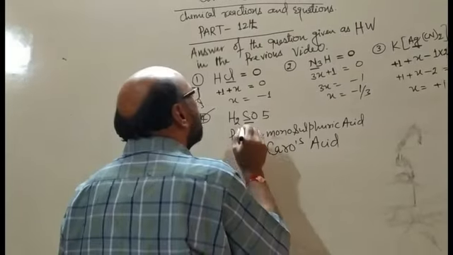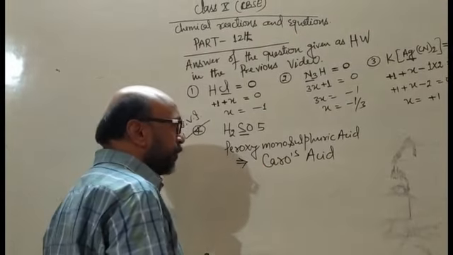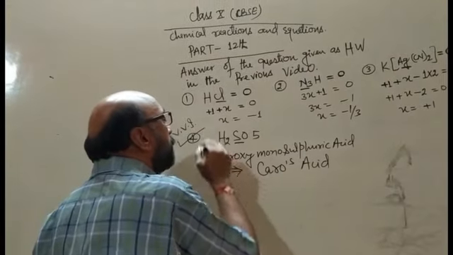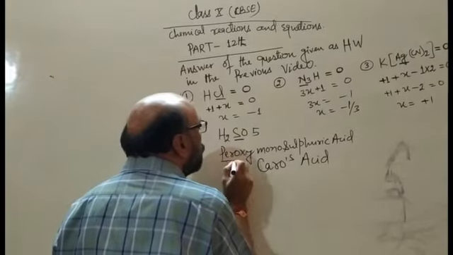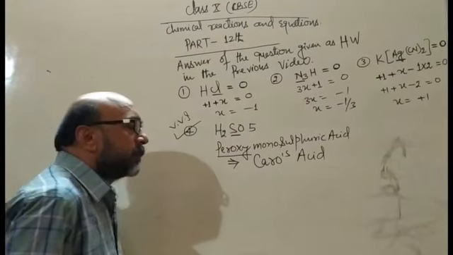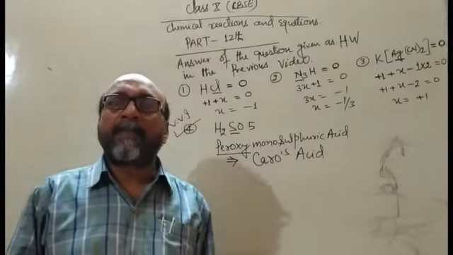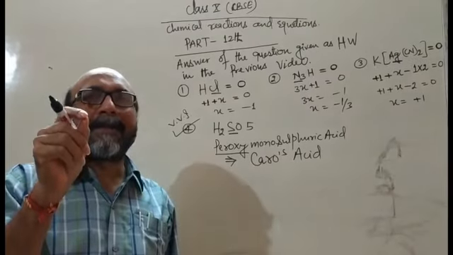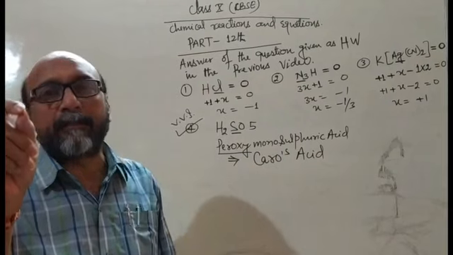And to calculate the oxidation state of sulfur in this compound, you need to know the oxygen atoms which are linked by peroxide bond.